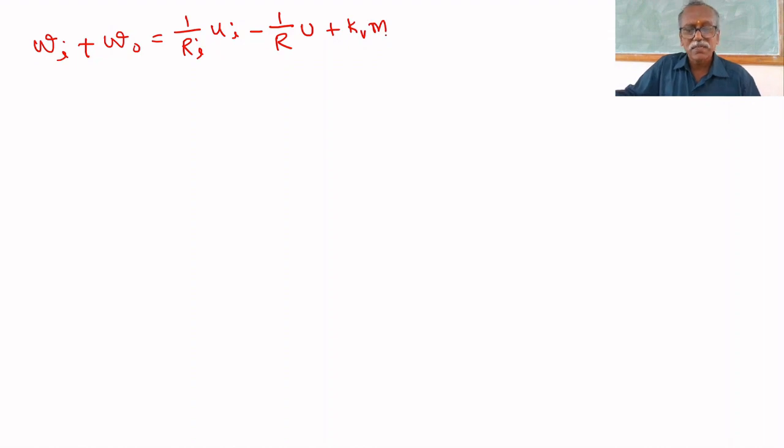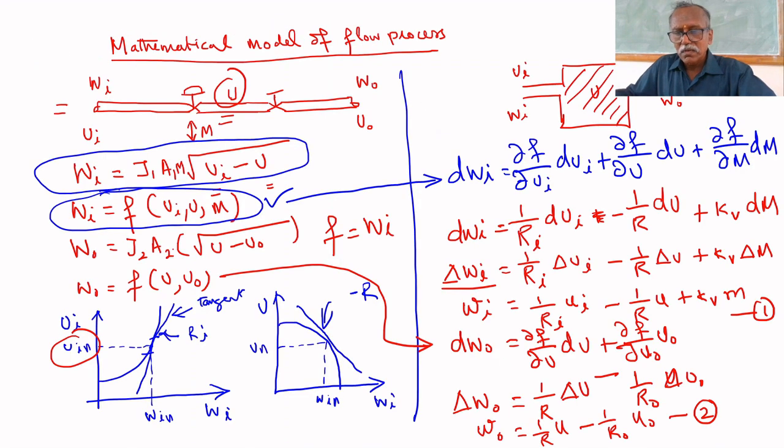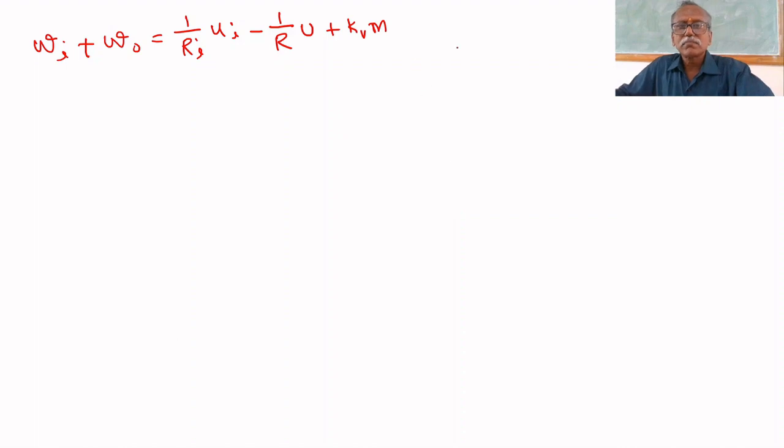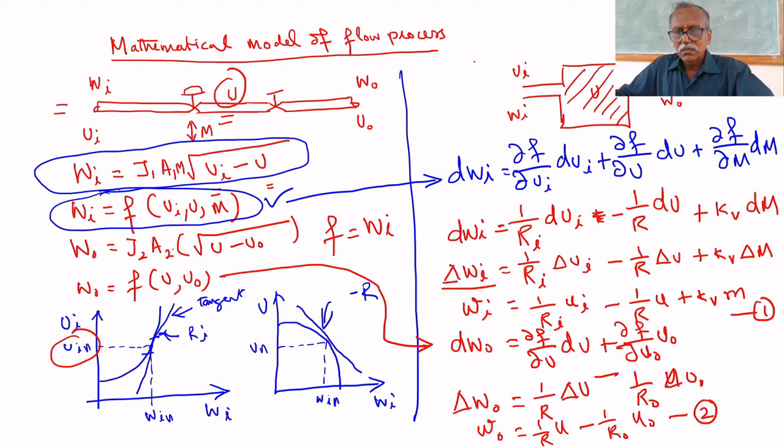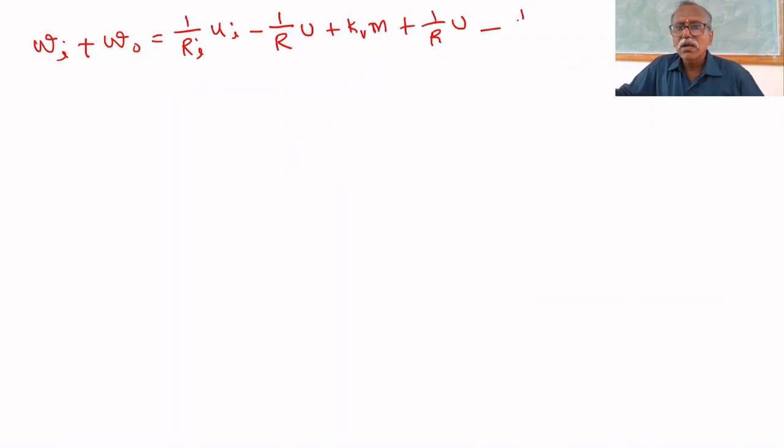From the second relation, if you see, 1 by r plus 1 by r u minus 1 by r naught u naught, these two get cancelled.